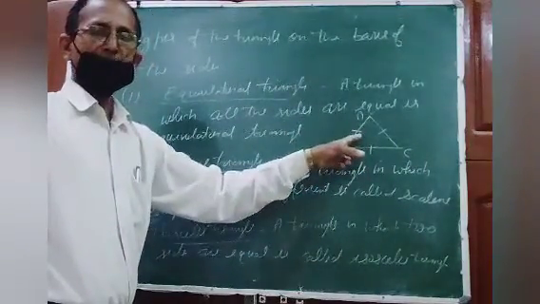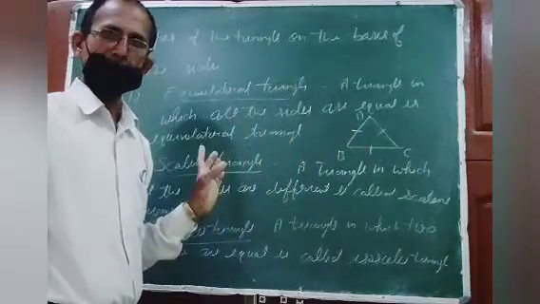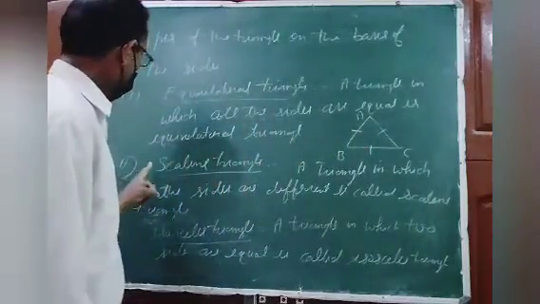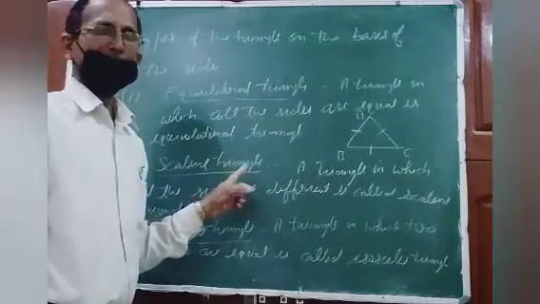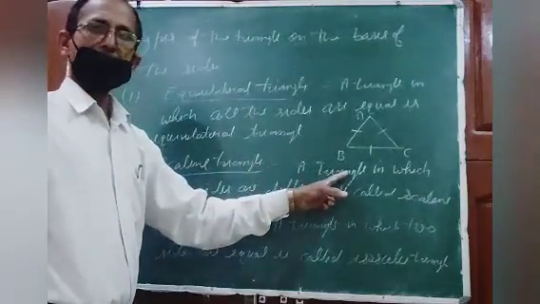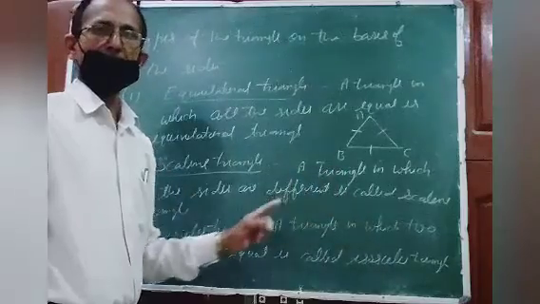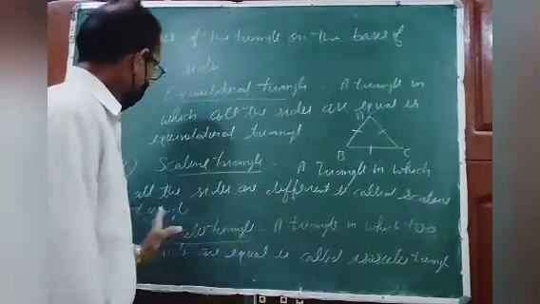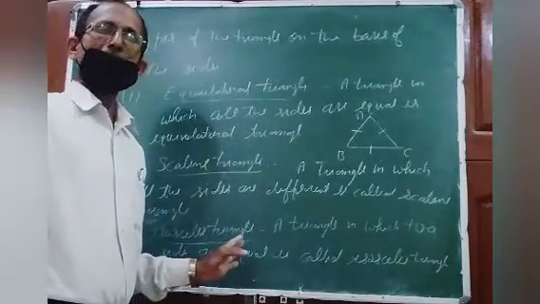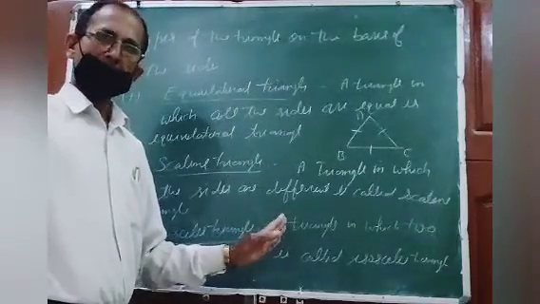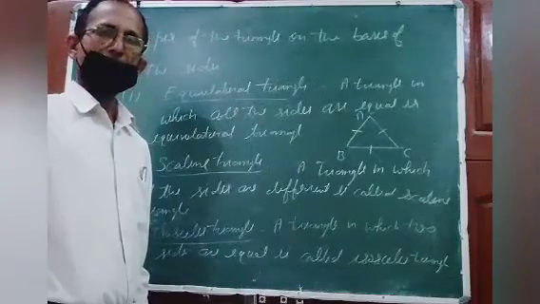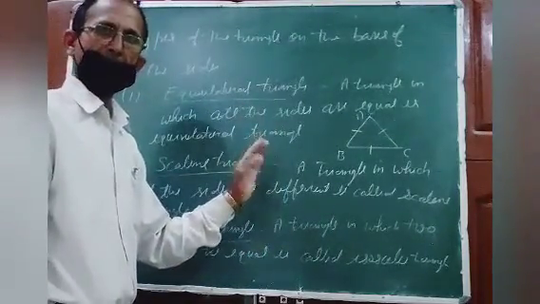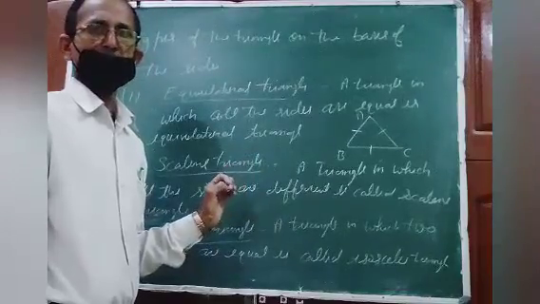Is it clear? Yes. Now, second is scalene triangle. A triangle in which all the sides are different is called a scalene triangle. And third is isosceles triangle. A triangle in which two sides are equal is called an isosceles triangle. So these are the types of the triangle on the basis of the sides.